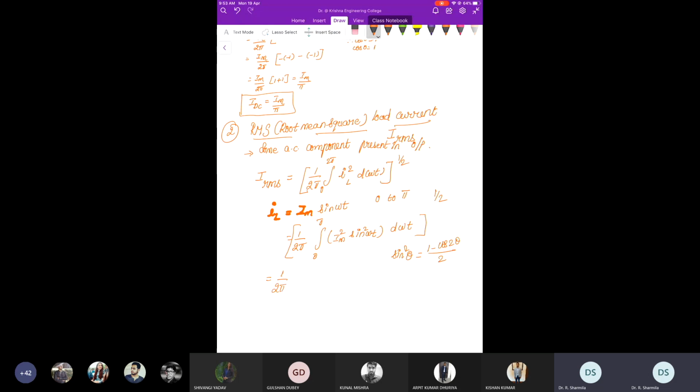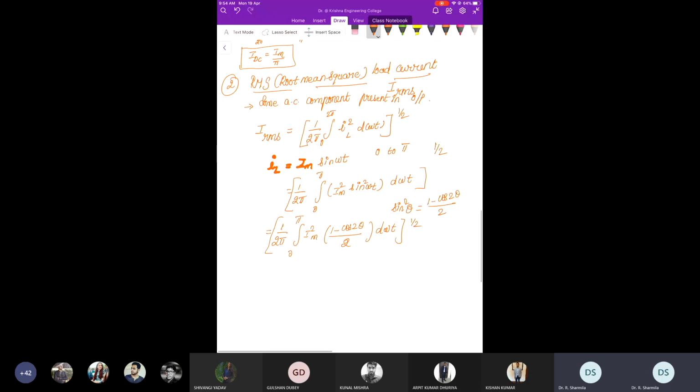So 1 by 2 pi integral of 0 to pi, Im squared. As I already told you, sine squared theta can be written as 1 minus cos 2 theta by 2, into d omega t, whole power 1 by 2.